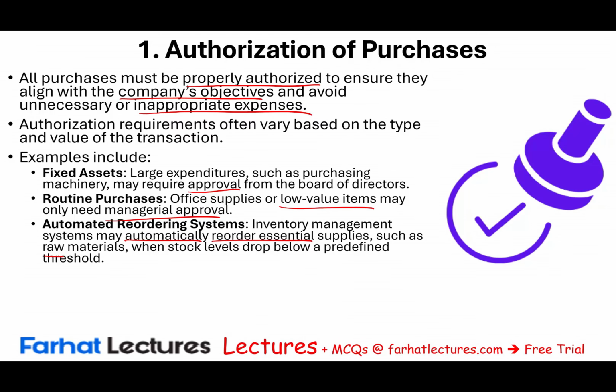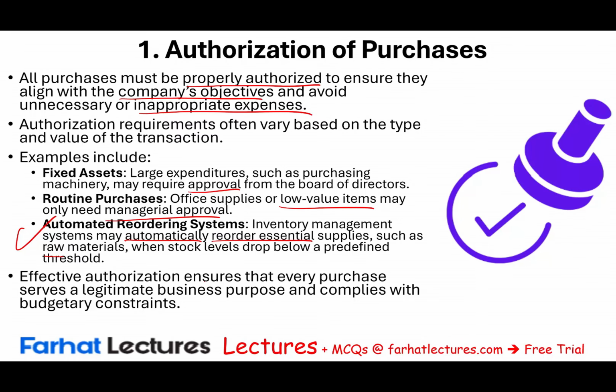In some companies, the system is programmed so that once we reach a certain level of the raw material we need for manufacturing our product, the system automatically processes this request, so we don't need managerial approval. It's being done automatically. Under those circumstances, the auditor would still have to audit and make sure the system is working properly. But this will be kind of an IT audit. They will test the system, but that's a different story. Nevertheless, the authorization control is in effect here.